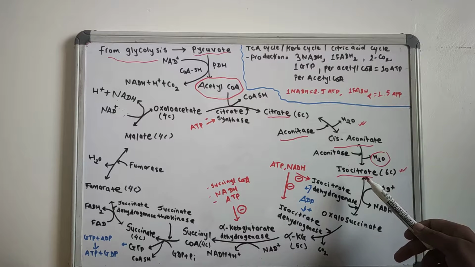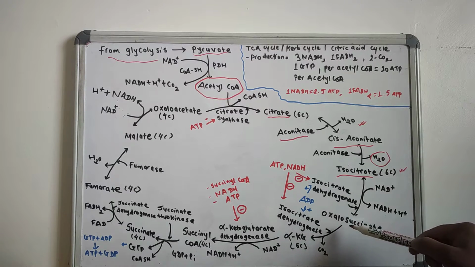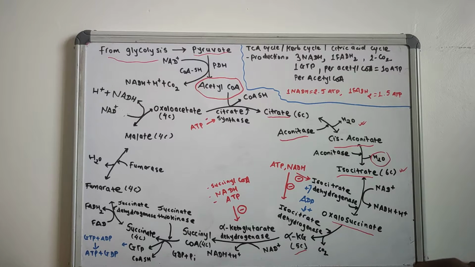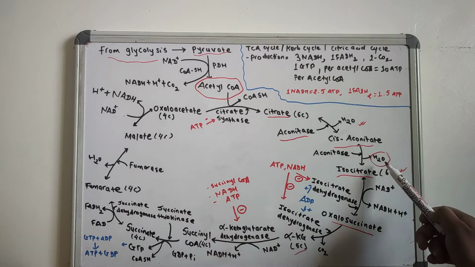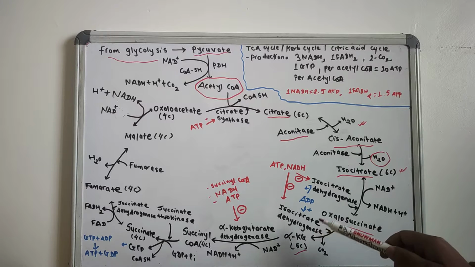On the isocitrate, isocitrate dehydrogenase acts, forming oxalosuccinate, and again isocitrate dehydrogenase acts on the oxalosuccinate to form alpha ketoglutarate, a 5-carbon compound. So you have to know this: from the isocitrate, the 6-carbon compound, isocitrate dehydrogenase acts to form alpha ketoglutarate.